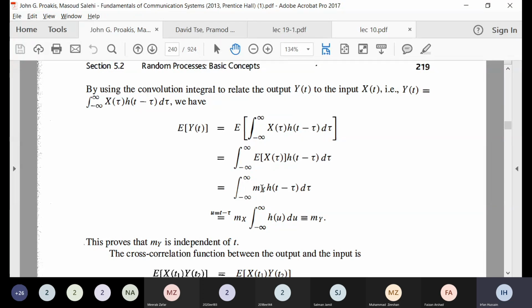So the mean becomes like this, and this is constant. This comes outside. Inside you just have the shifted impulse response, and you're taking its integral. So this gives you the mean of the output. So the mean has been found.